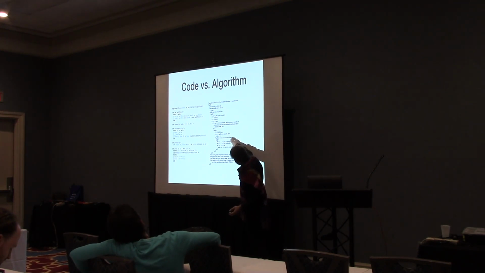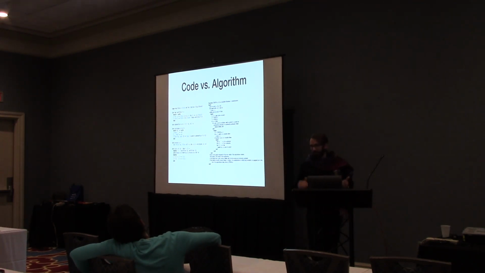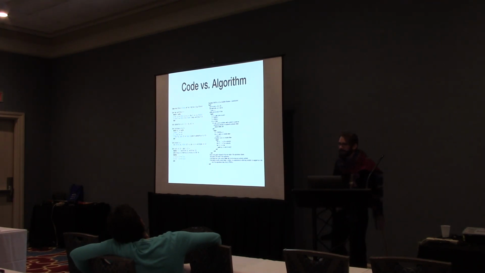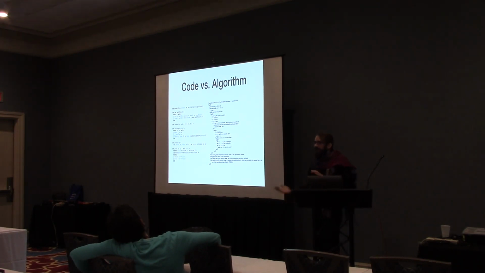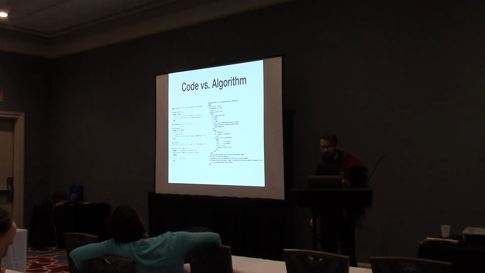But on balance, it's roughly the same size. So I believe that even a reasonably complex bit of code like unification, if it can fit this sort of size, it's probably not too bad.